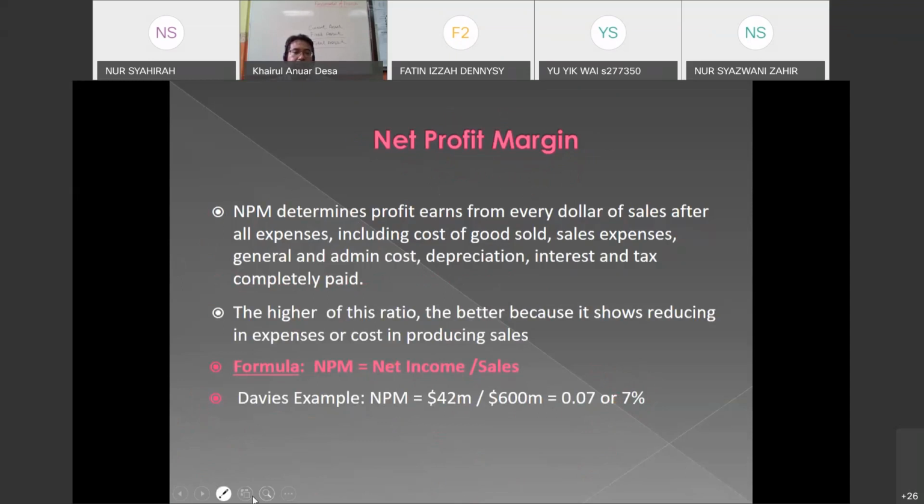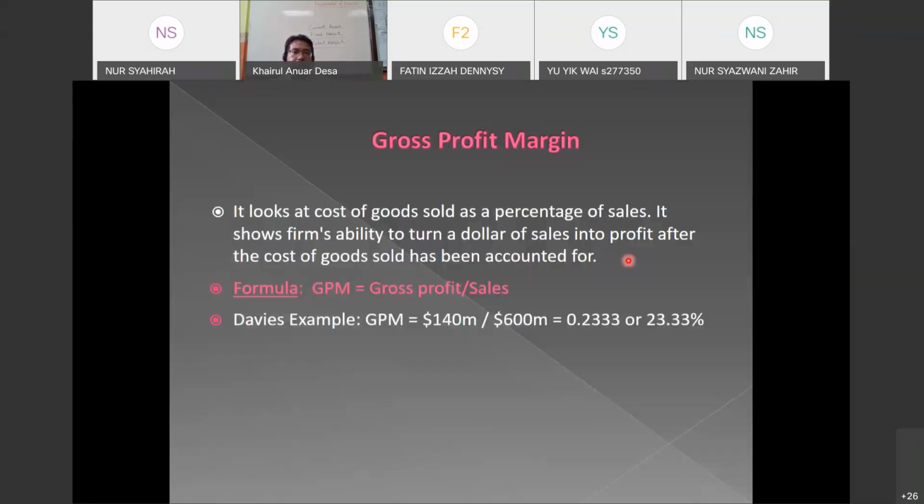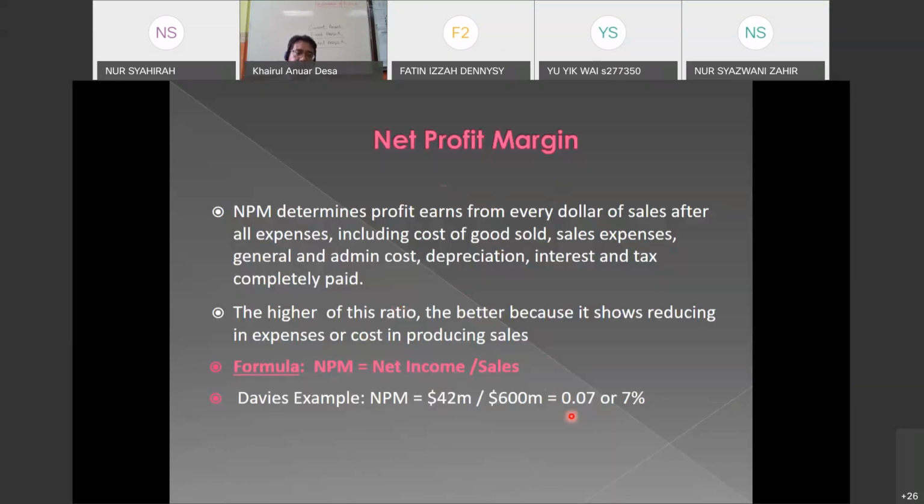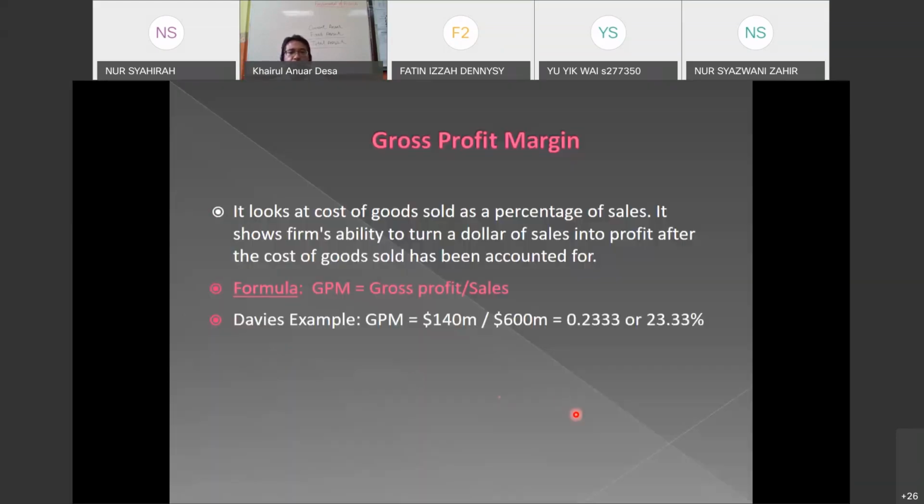Okay, kalau kita lihat tadi, di dalam gross profit margin, the result here is 23.33%. But when we run the net income, net profit margin, kita punya result, the final result only 7%. So kalau kita bandingkan 7% ini dengan 23%, ianya lebih daripada 1/3.